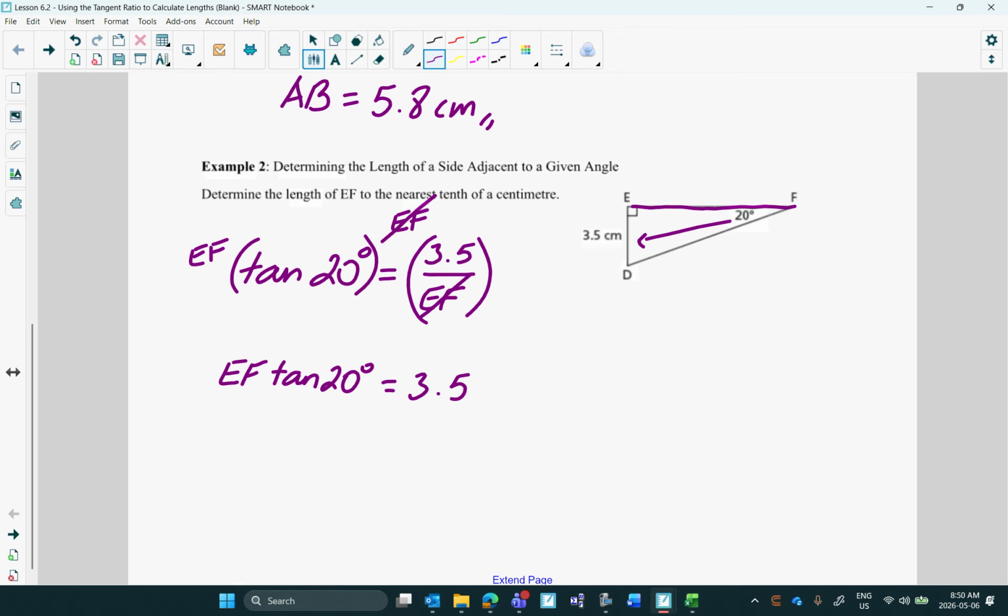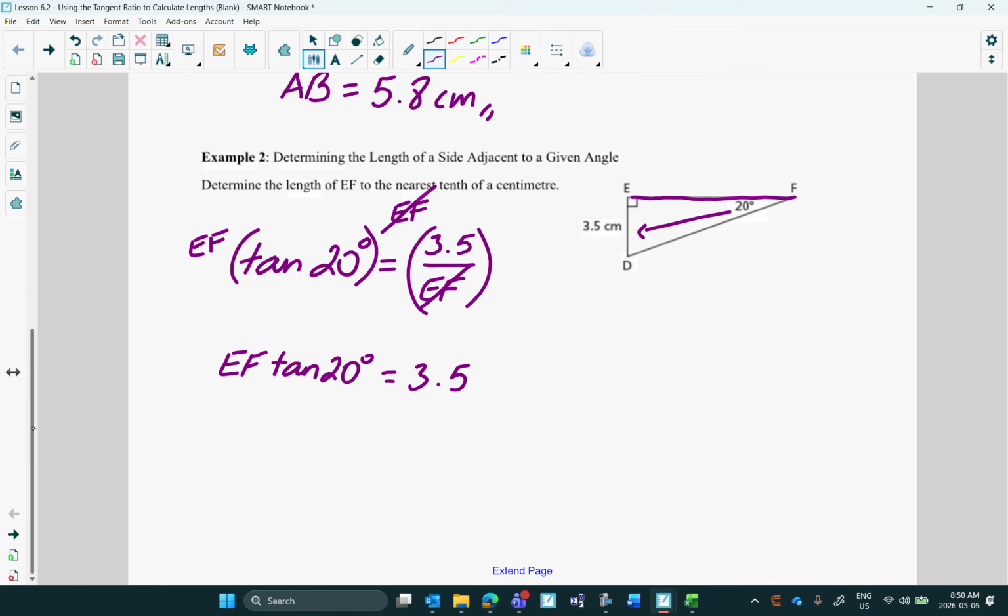But EF is still not by itself, is it? There's a times tan 20 with it. How do I get rid of times tan 20? Divide. And whatever you do to one side of the equation, you do to the other. So how am I going to find the missing side this time? I'm going to do 3.5 divide tan 20.